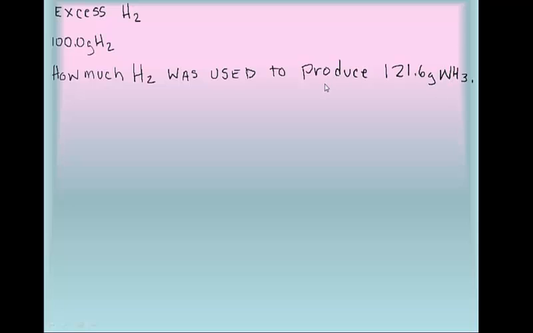Okay, now keep in mind the nitrogen is gone. That was the limiting reactant. The hydrogen is considered an excess. And I am going to do a stoichiometry problem. I produced 121.6 grams of product, and I am going to do stoichiometry to determine how much of the hydrogen I used to make this stuff.